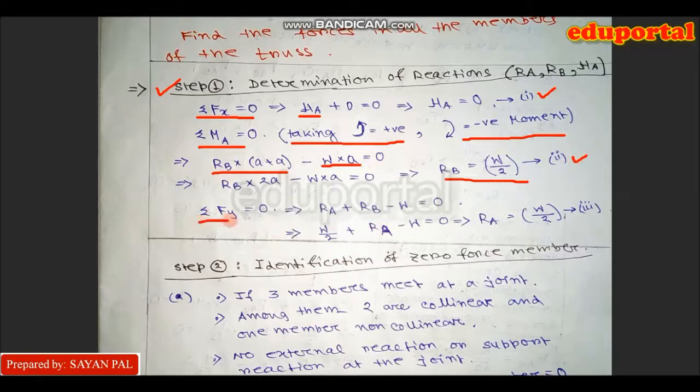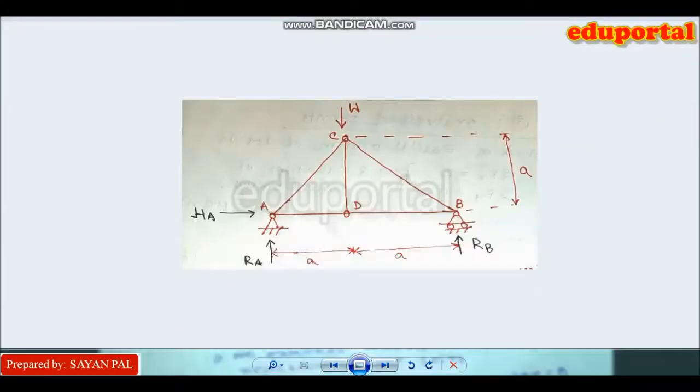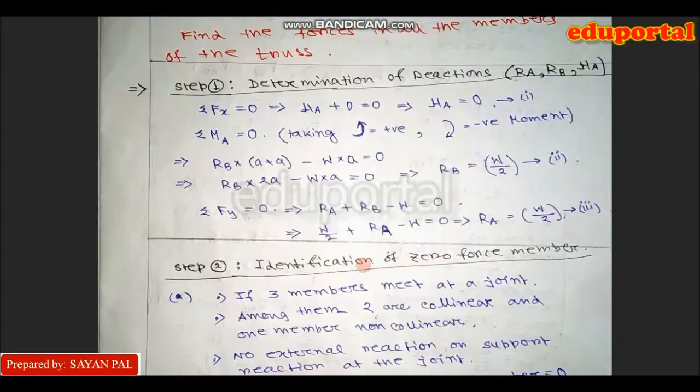The third equation is summation of Fy equal to 0, that is, summation of forces in the y direction equal to 0. The forces in the y direction are one RA, one RB and one W. The summation of these three forces should be equal to 0.